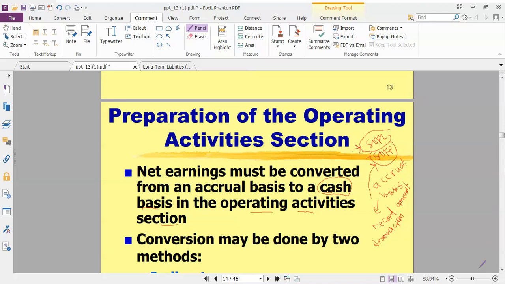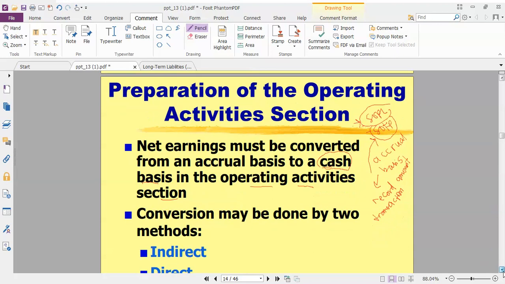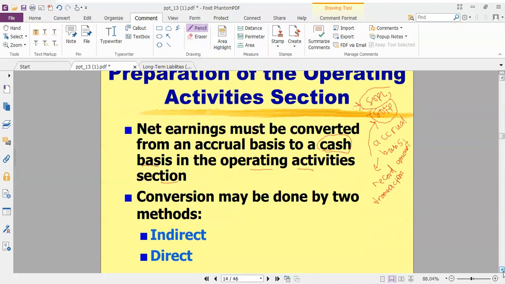How can we convert into the cash basis? There are two methods that we can use to convert from the accrual basis under SOPL and SOFP into the cash basis.